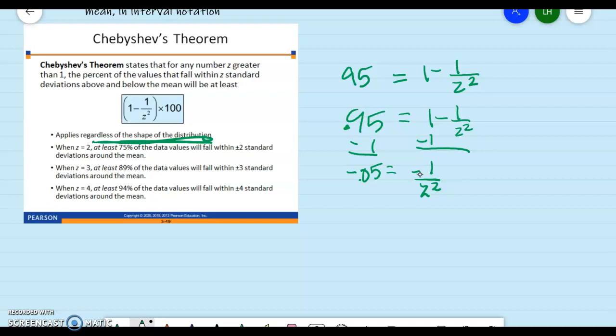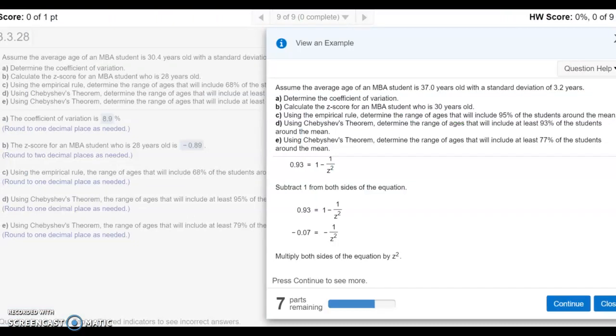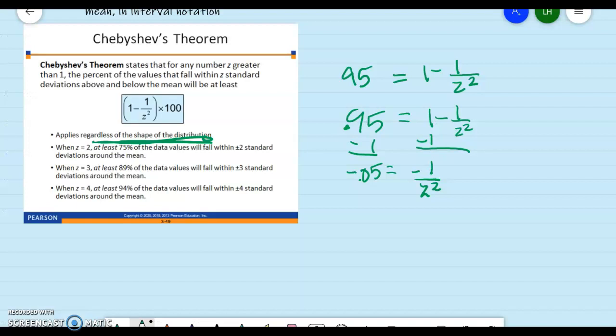I like to cross multiply here, but let's see how they want you to work it. They want to multiply both sides by z squared, getting rid of z in the denominator. So you end up with -0.05 z squared equals -1.